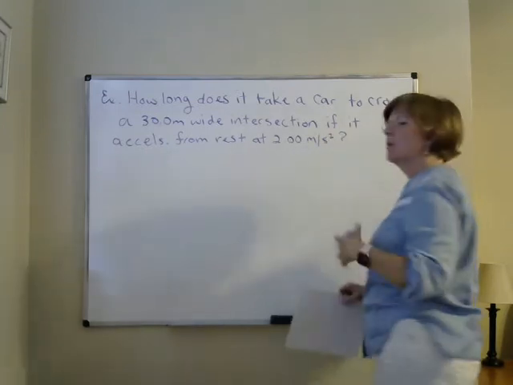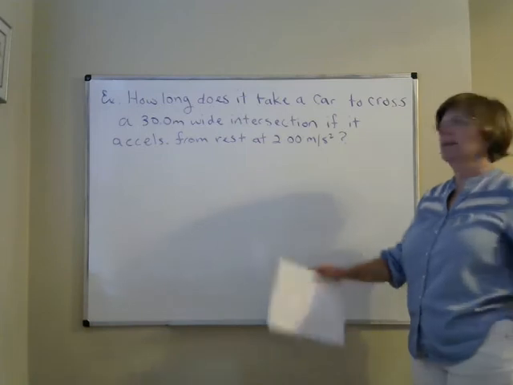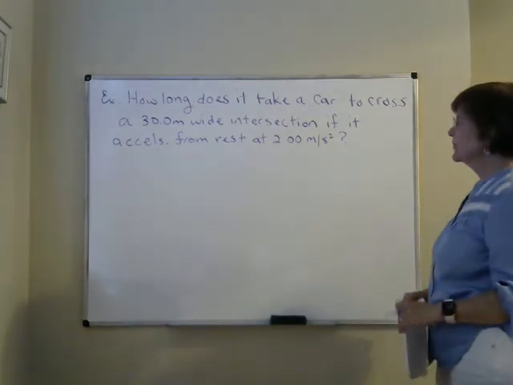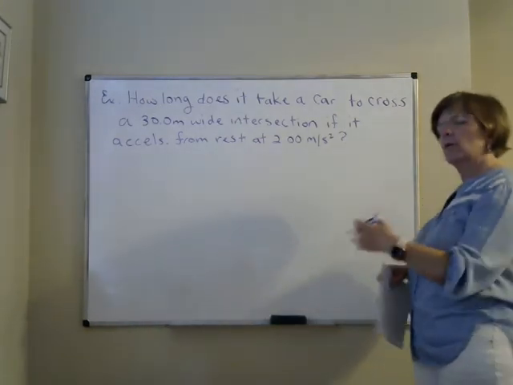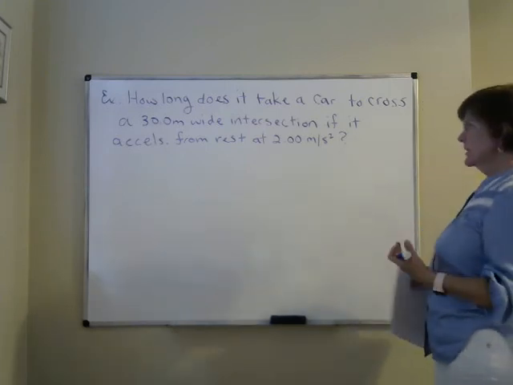So we have a car parked at an intersection. Light turns green. This car can accelerate at 2 meters per second squared. And how long will it take if that's a constant acceleration to cross the intersection?